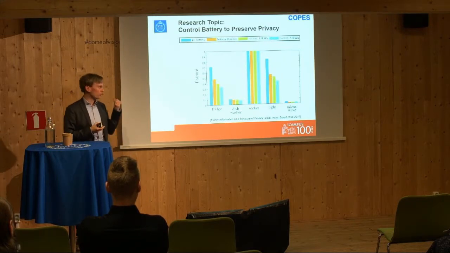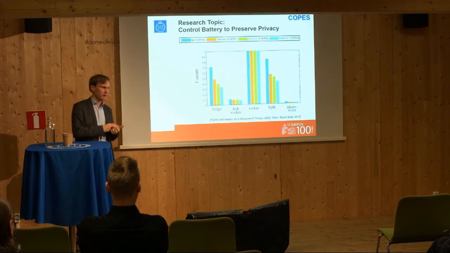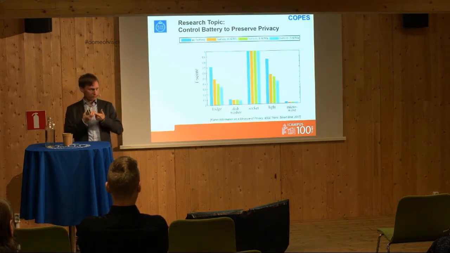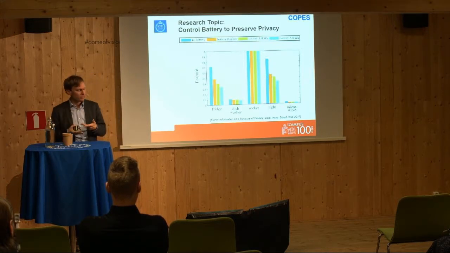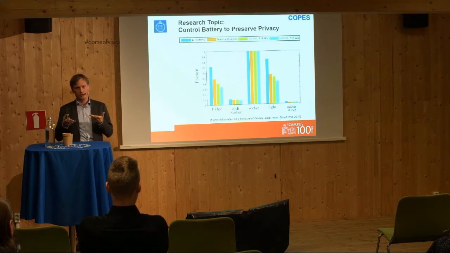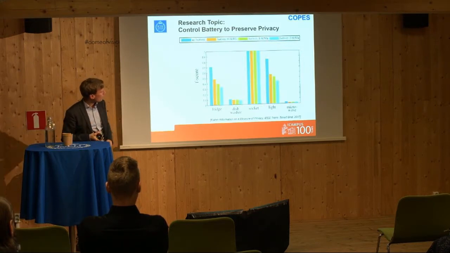We want to control the batteries so that we have some privacy. We also want to save, we want to use green energy, but we also don't want to use the battery too much because it will cause wear and tear on the battery, which is a costly thing.